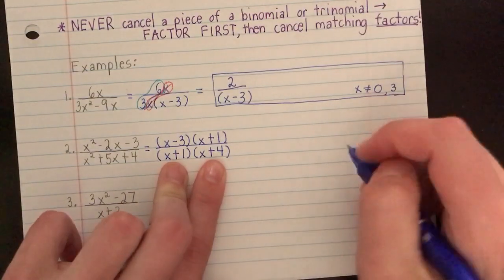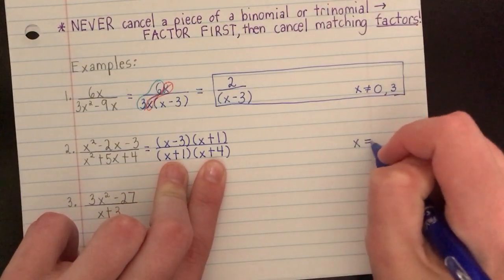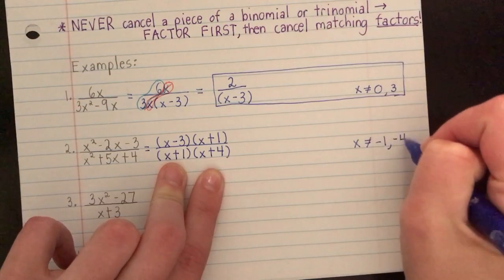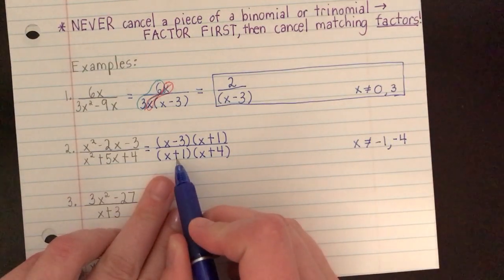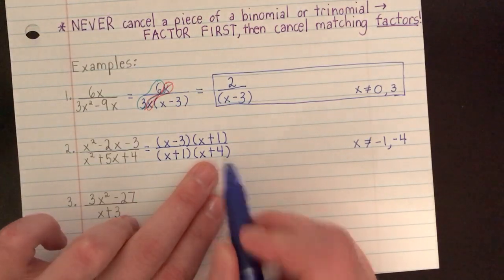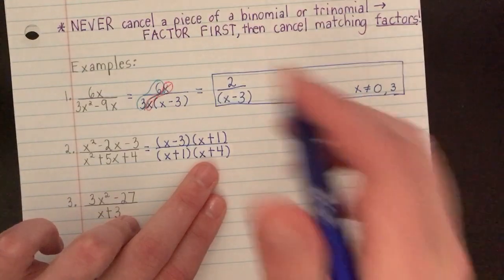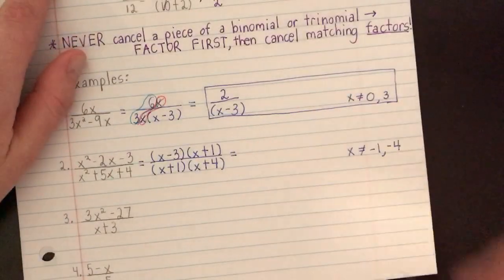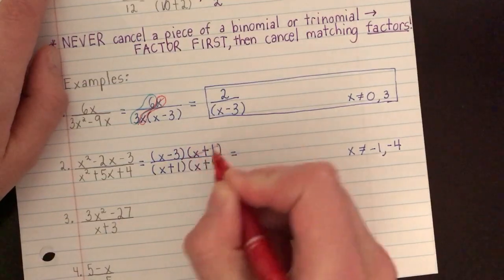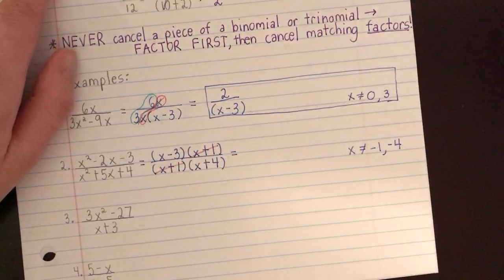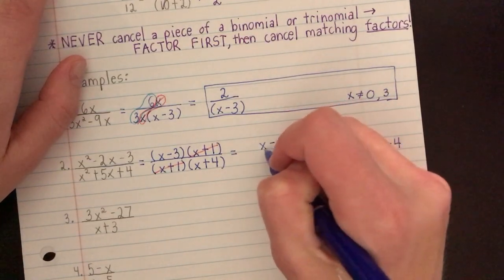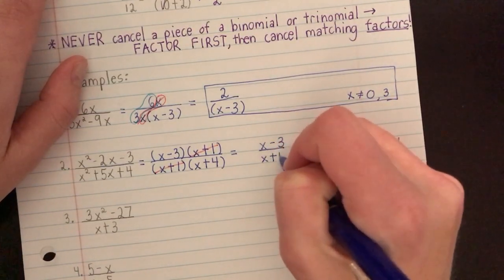So anything in the denominator that would make these equal 0. So that would be -1 and -4, because if I set that not equal to 0 and solve, I'd get -1. If I set that not equal to 0 and solve, then that would give me -4. So there's my restrictions. Once I have my restrictions, my fourth step says I can cancel matching factors. Well, x plus 1 matches x plus 1. I don't have anything else that matches. So my final answer is x minus 3 over x plus 4.